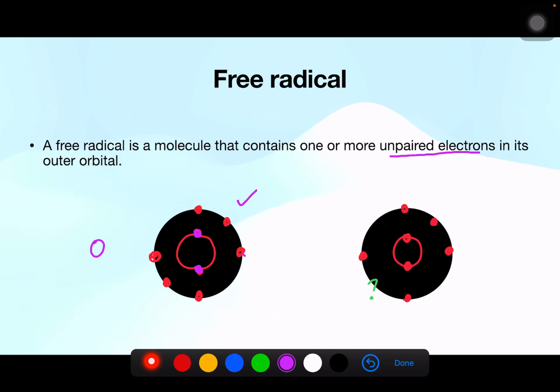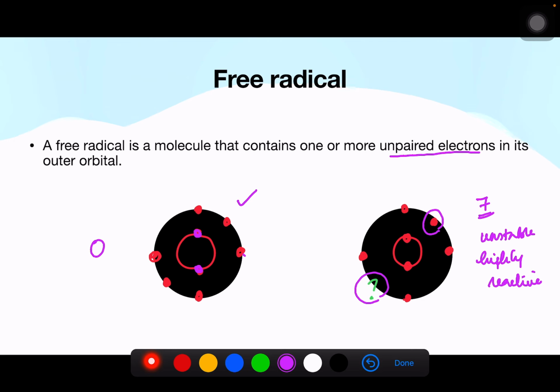Now consider the second one, which has only 7 electrons. So what happens here? One electron is unpaired. So this unpaired electron in the outer orbital makes this atom an unstable or highly reactive molecule.